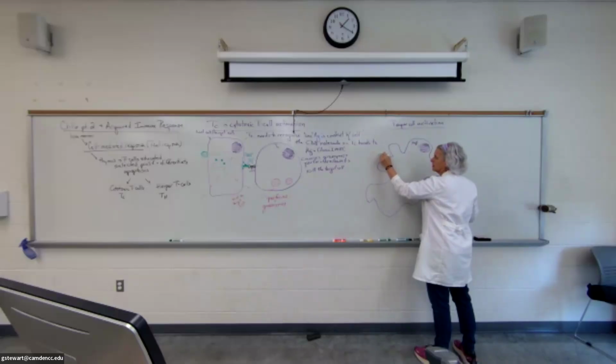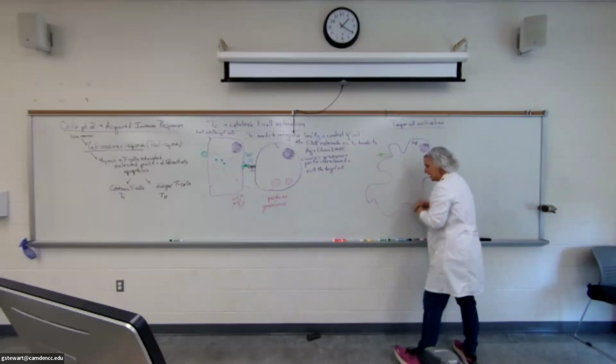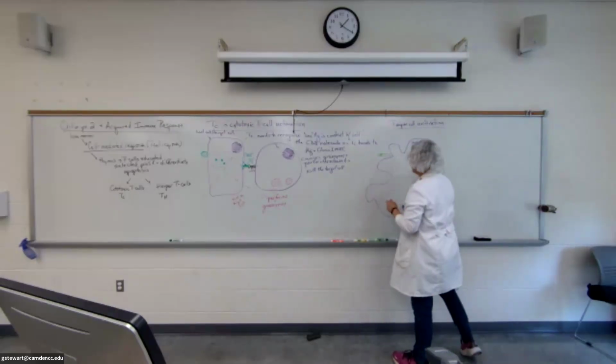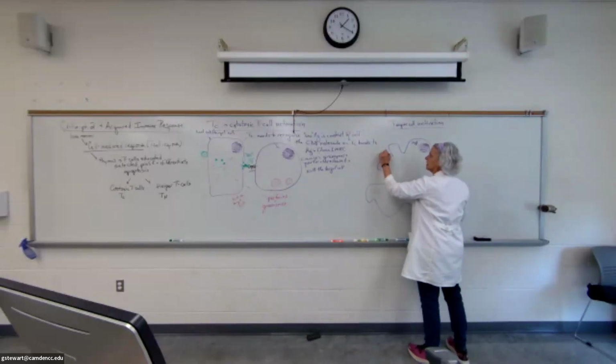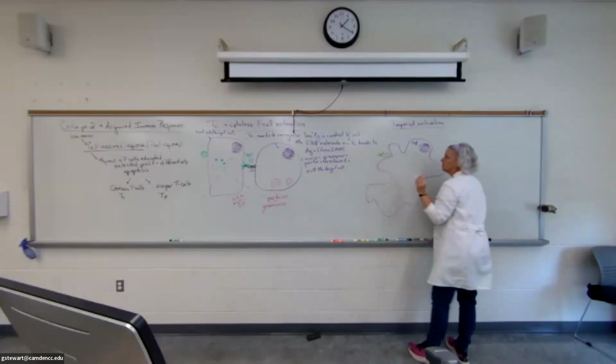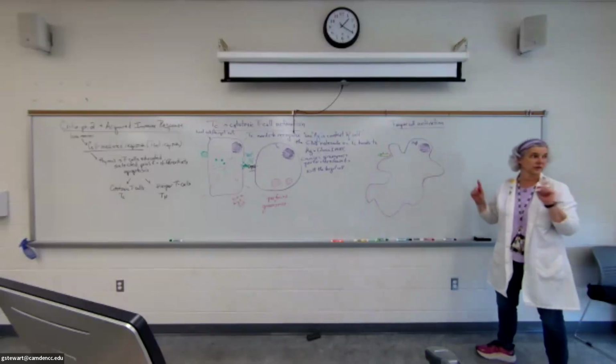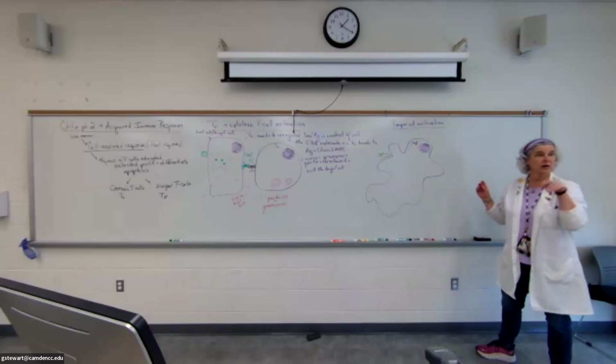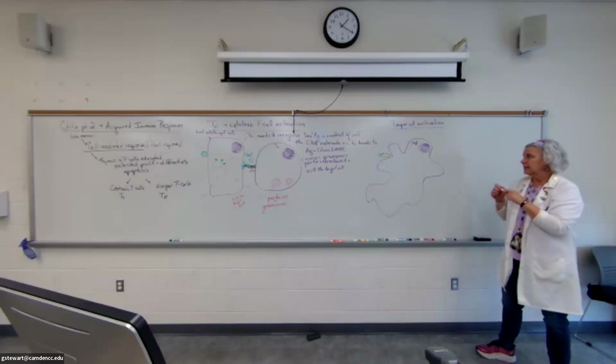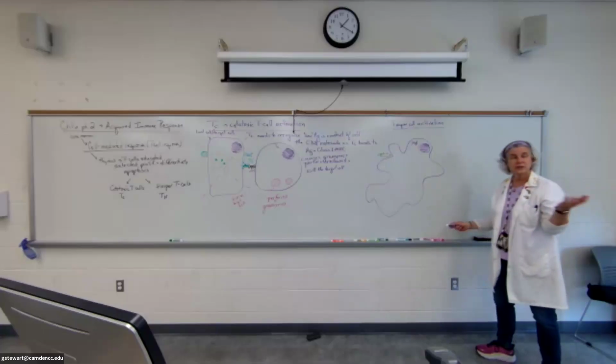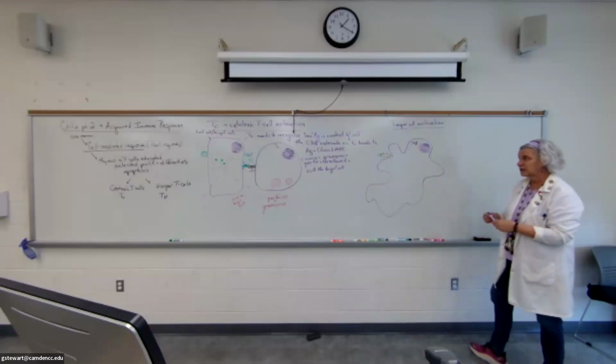Put some DNA inside of it. And I'm going to try to put triangle antigens on the surface of this bacteria because I've already used circle for the virus, right? You all know I can only do triangle, circle, square. So this is triangle antigen. It's part of a bacteria.